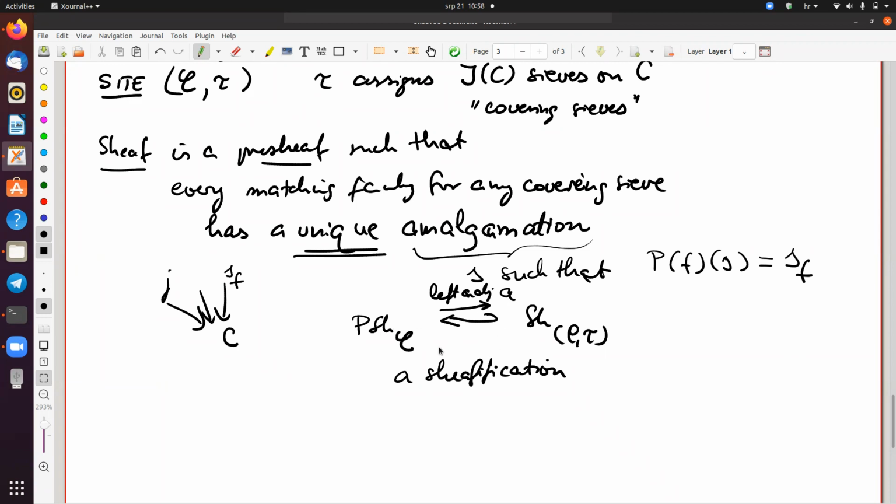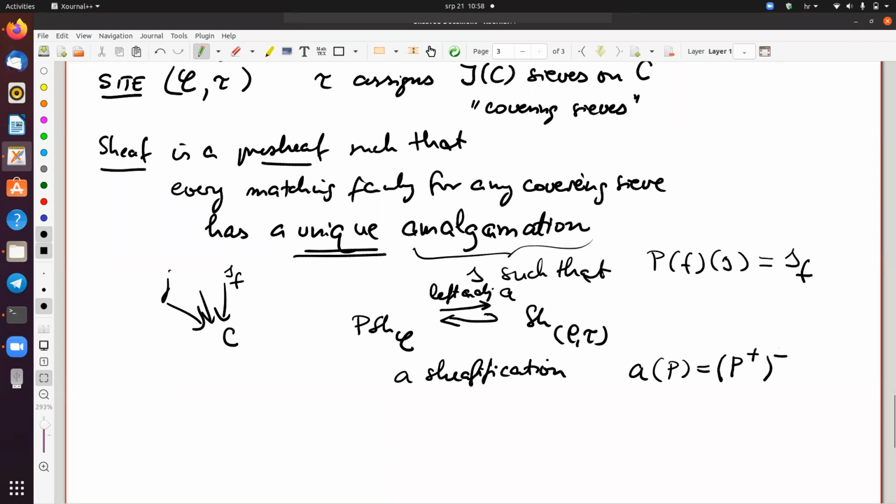But let's see. This A of P is constructed by an ingenious construction. It's quite simple, but it has to be done very precisely. It's called the plus construction. I think I will not do it today because I have too little time, just several minutes.